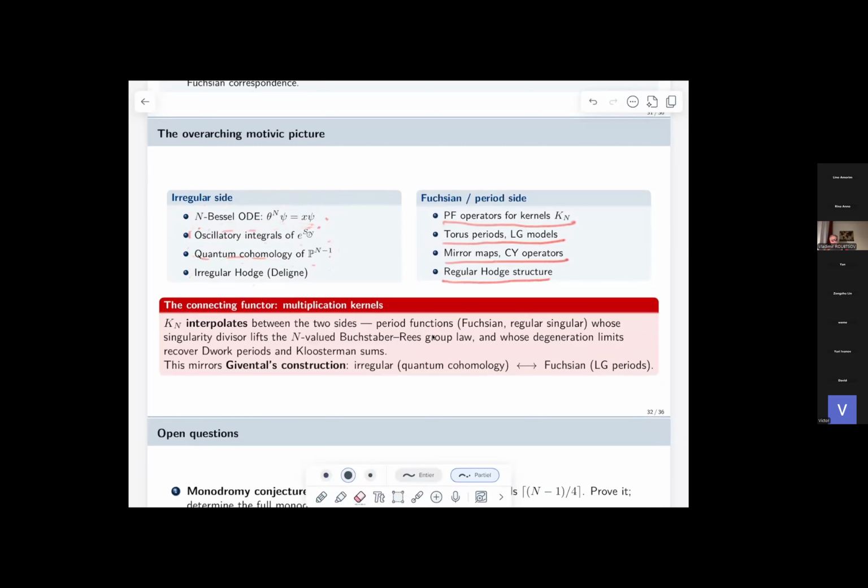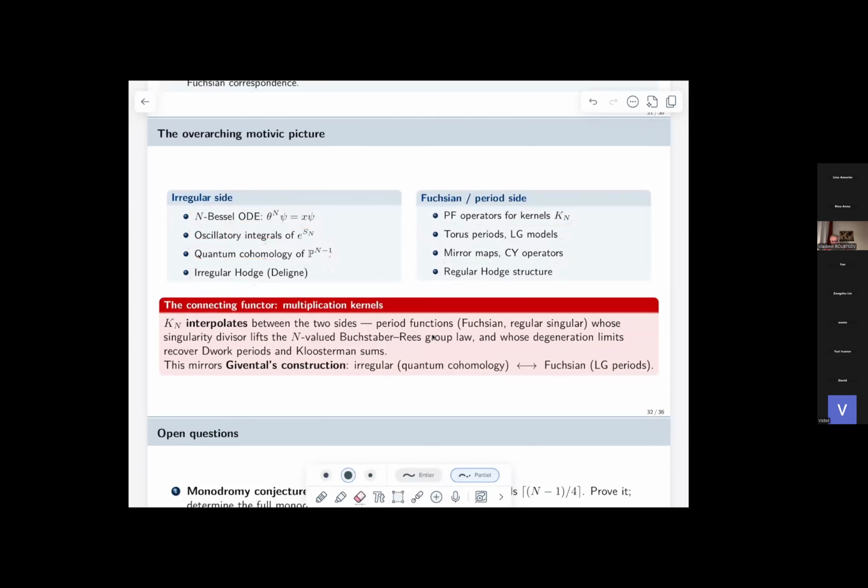Irregular Hodge structure appeared when you try to study this type of oscillatory integrals. So it's a regular Hodge structure in the sense of oscillator integrals, yeah? Oh, yes, all right, so that's not just an abstract story. No, okay, everything is quite concrete.